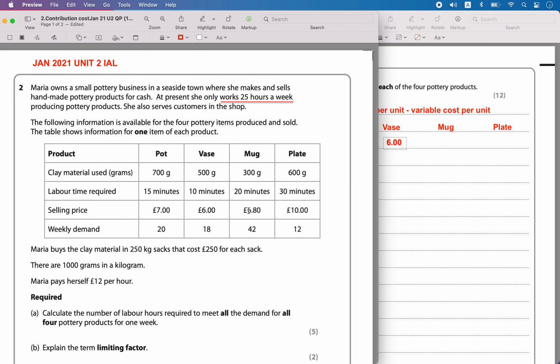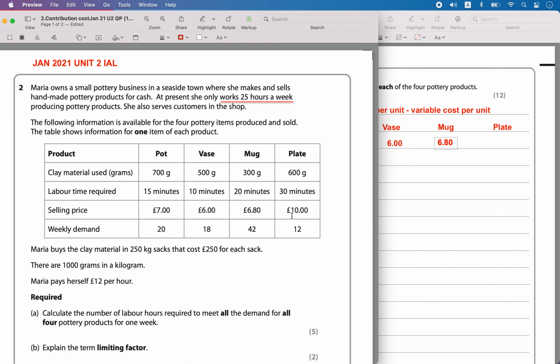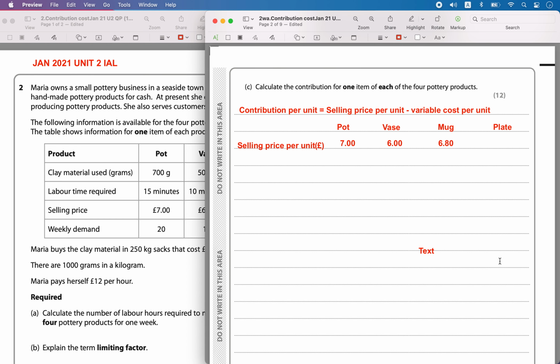Then one mug costs 6.80 pounds. Then one plate costs 10 pounds. So this is her selling price per unit.